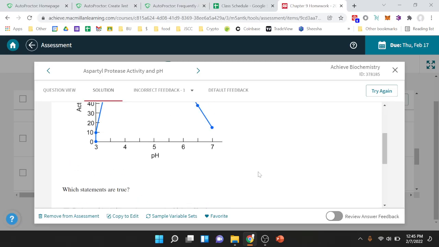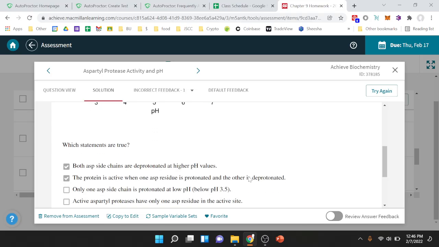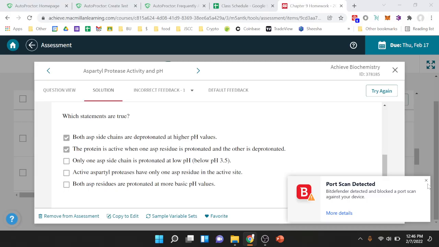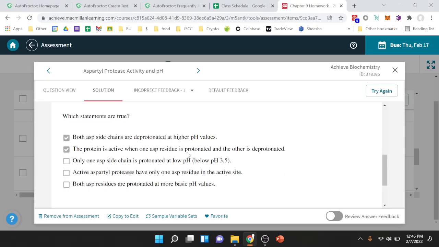So we need to go through and figure out, well, what are the things that are likely true here? And by extension, then we would say what's false, right? Okay. So, which statements are true? Both ASP side chains are deprotonated at higher pH values. Okay, so first off, wouldn't the ASP side chains be deprotonated at higher pH values?